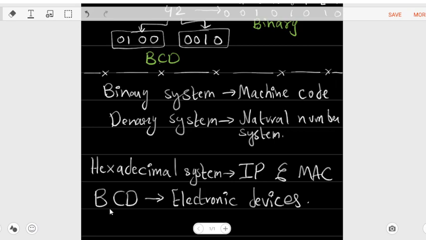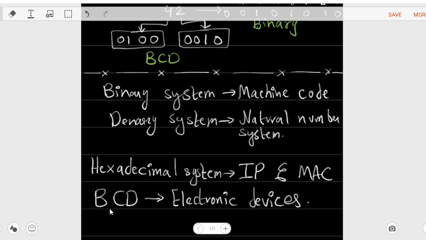For example, in a calculator, you might be making use of the BCD system in order to represent the numbers. Why is this so useful? We'll go into that deeply once we properly understand the conversions in BCD.